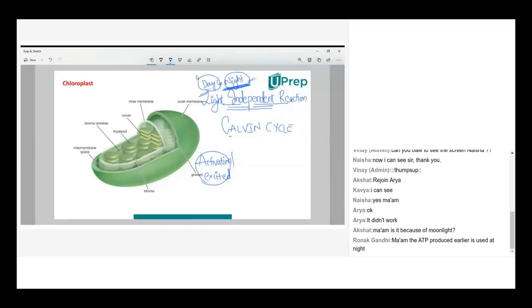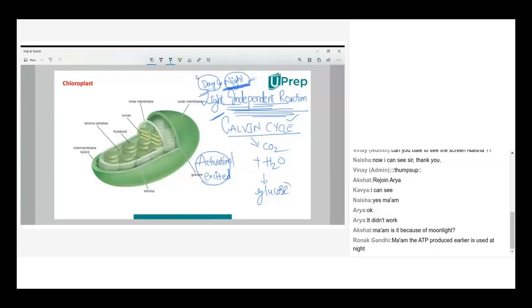Once the electrons are transported, they will come into the Calvin cycle, where carbon dioxide and water molecules are taken in, which will form the glucose molecule. So this is the Calvin cycle, which happens in the light-independent reaction, part of the photosynthesis process.